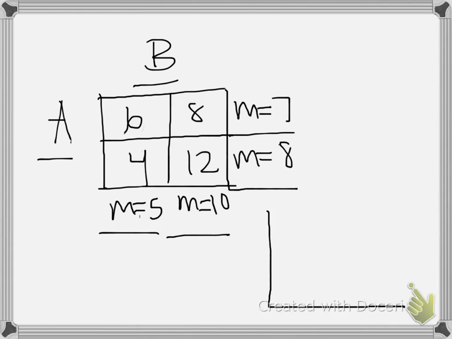And then actually I need to write some numbers on the side so that we'll have a reference point. So I decided to do 4, 6, 8, and then 10.